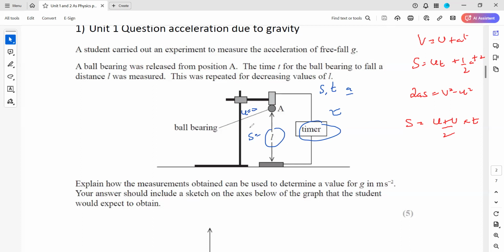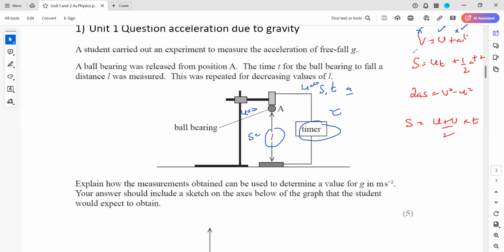So the value of U is also known, which is 0 here. What about the first equation? We don't know the final speed. We know the initial speed, which is 0, and we have the time. But here we'll have two unknowns, acceleration and velocity, so we cannot use this first equation.